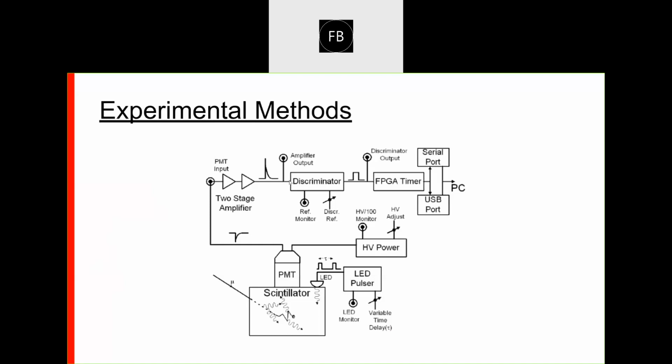If the voltage is characteristic of a muon, then the discriminator sends a pulse out to the FPGA timer, and that's time 1. And then upon decay, another flash of light is emitted due to the interactions here. The photomultiplier sends another current, the discriminator does the same thing as before, and time 2 is measured.